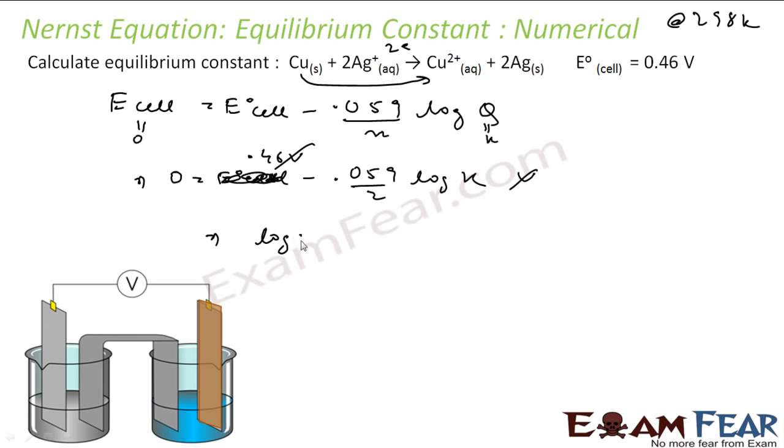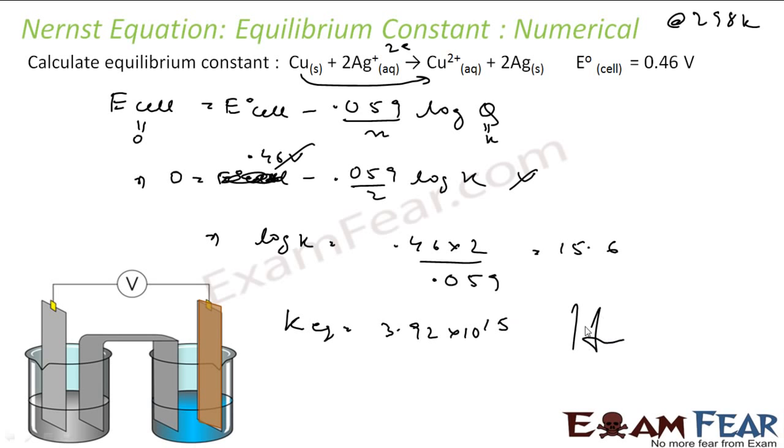If you solve, log K is 0.46 into 2 by 0.059, that is 15.6. That means K equilibrium is 3.92 into 10 to the power 15, and that is my answer.